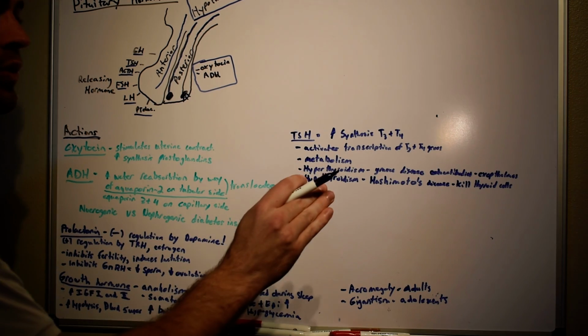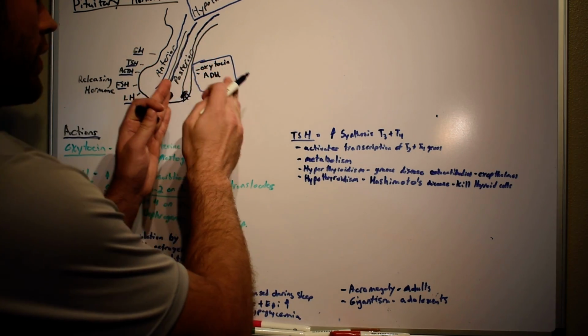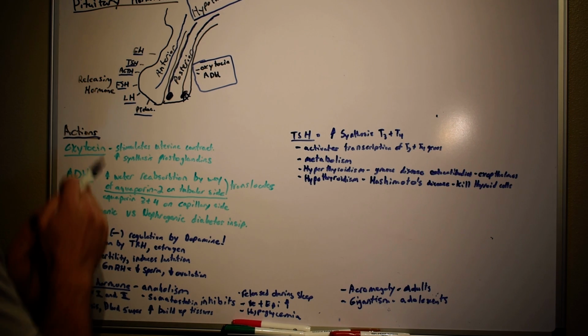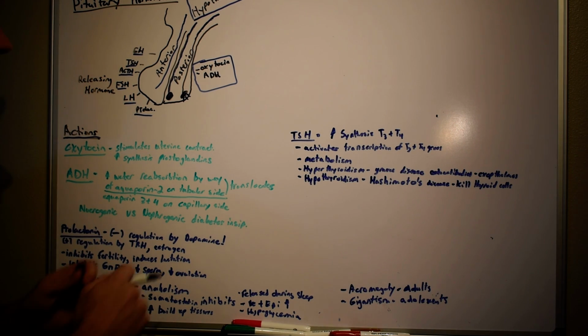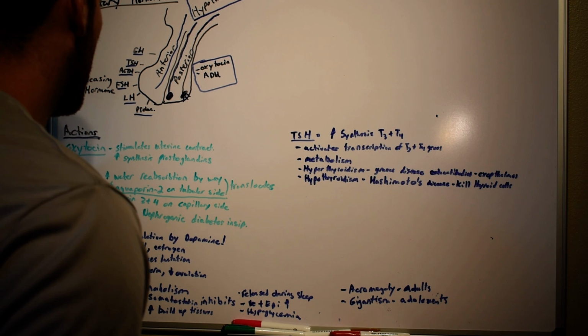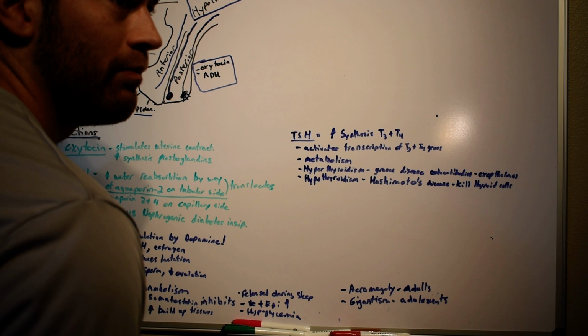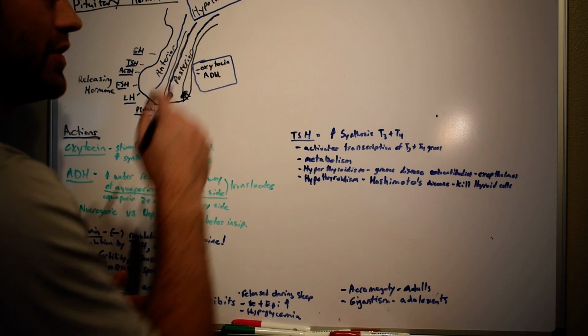There are only two hormones that work like this. If we can remember these two, we don't have to remember the anterior pituitary gland hormones. Because by process of elimination, if you get asked which one of these is a posterior pituitary hormone, you know the two already.